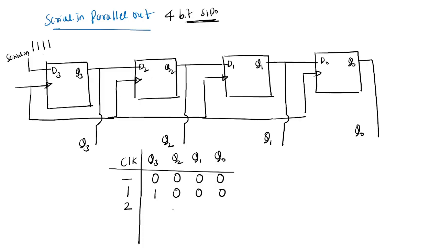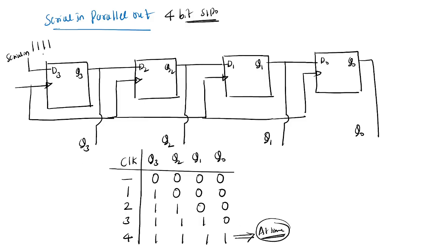At second clock pulse, this will be shifted; you get 1 1 0 0. At third clock pulse, 1 1 1 0. At fourth clock pulse, 1 1 1 1. Parallel loading is happening and you are taking 4 bits of data at a time.